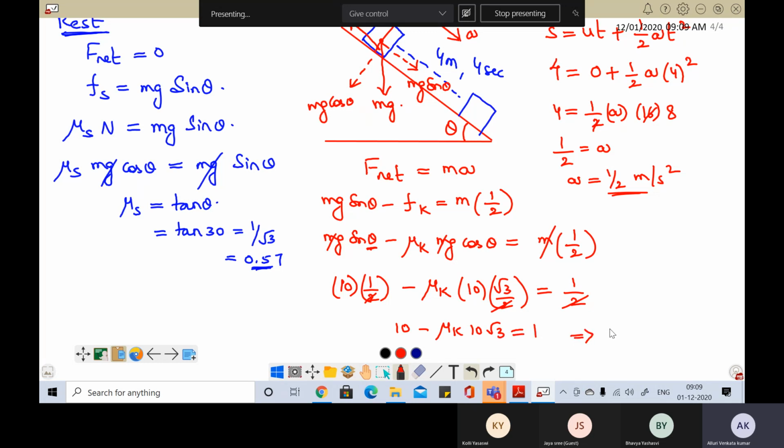So 10 minus mu k times 10 root 3 equals 1.